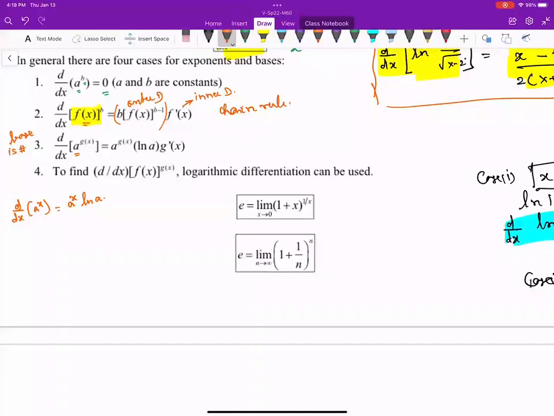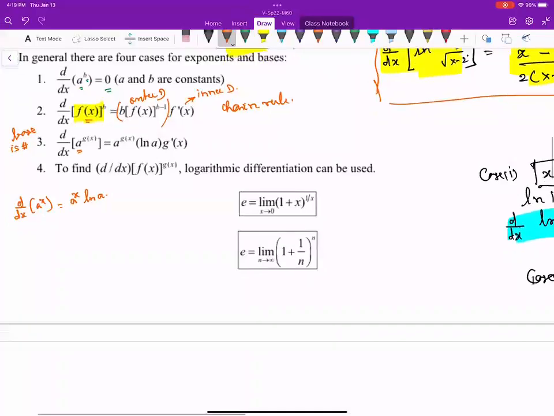This is what we said. So here, instead of x, we have a function g of x. So it's a to the g of x times ln a. Not only that, we should also differentiate the g of x. That is something like the inner derivative. So again, chain rule brings in this g prime x. That's a to the g of x times ln a times g prime x. This also follows from the chain rule.